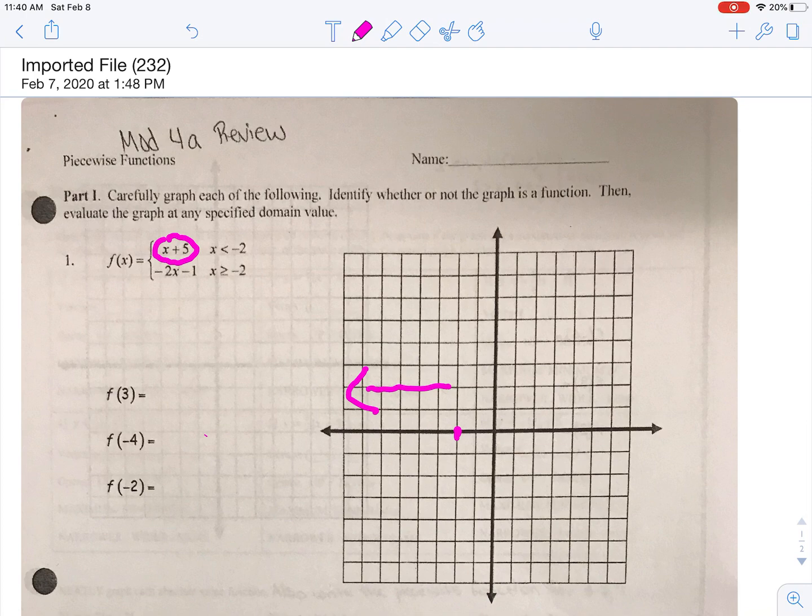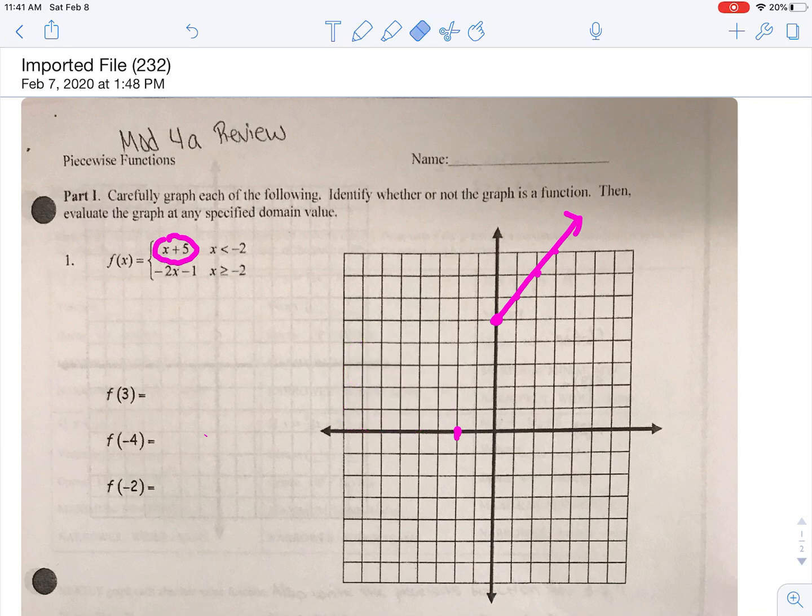So this is y equals x plus 5. If I'm graphing that line, I know it has a y-intercept of 5 and a slope of 1. But the only problem is that I'm not talking about that part of the graph, remember? I'm talking about everything to the left of -2.